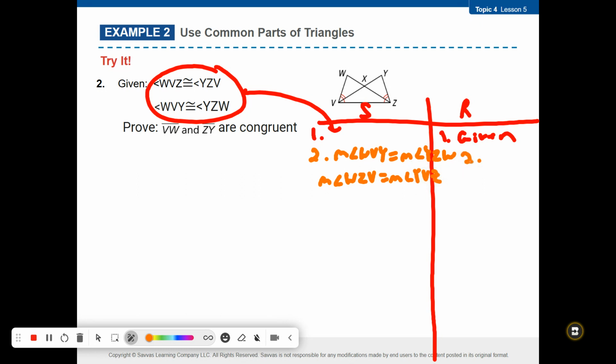Who can tell me the reasoning? Go ahead. Very good. So this is the def of congruent angles.